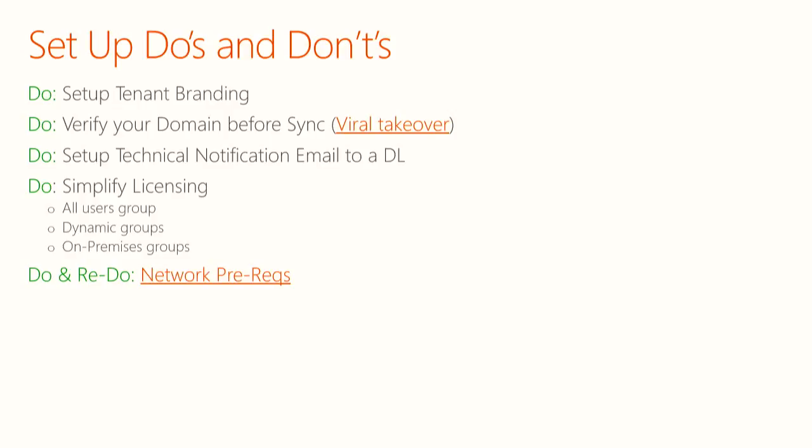Previously, if a user wasn't synchronizing based on a problem attribute or anything like that, you had to dive into the UI on the sync server itself and try and ascertain what was going wrong. Now the health agent will surface that data for you in the new Azure portal, and will give you insight into users and objects that aren't synchronizing and why. So that agent is deployed by default.